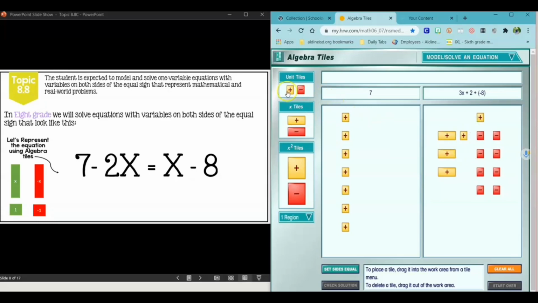All right, so there's 2, 3. All right, one more. Okay. And now if I added 8 to this side, I need to add 8 to this side.